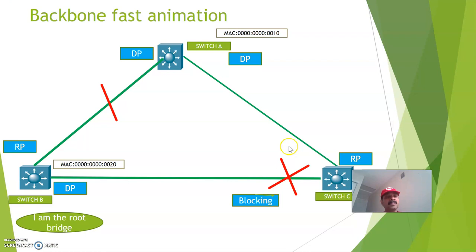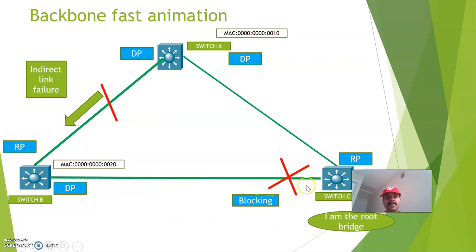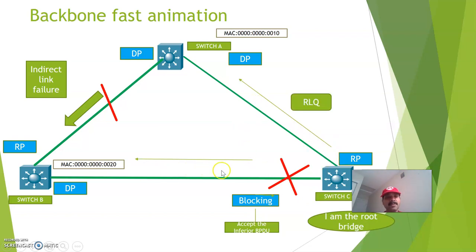So now let us understand the backbone fast animation. When an indirect link failure occurs between switch A and B, switch B will think that it is the root bridge and will start sending the BPDU to switch C. Now switch C, what happens? It will accept the inferior BPDU. It will send the root link query on the root port and the non-designated port, right?